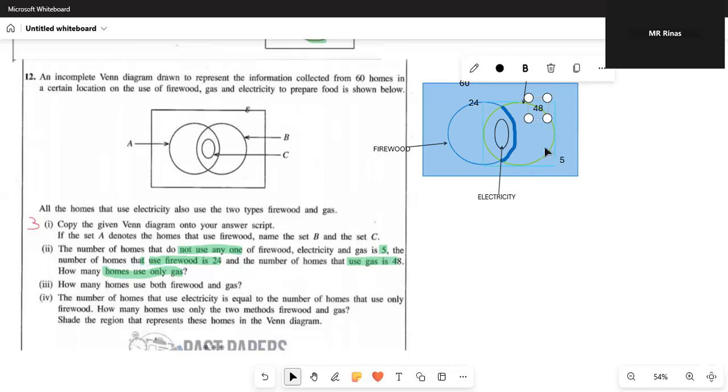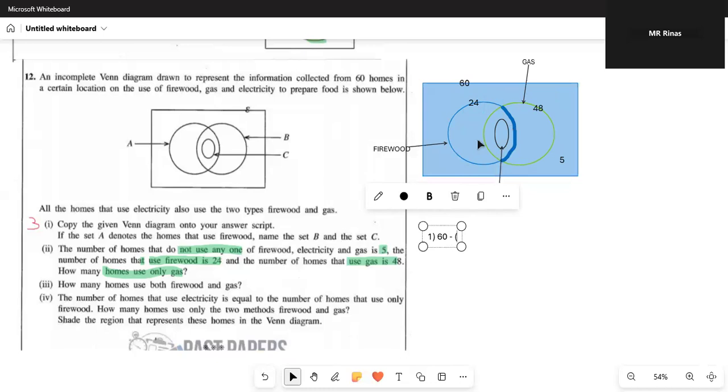So first question. So the answer of the first question is, now we know that altogether we have 60 homes. So from that we have to subtract. So 24 homes are using firewood. Okay, so you have to subtract that.